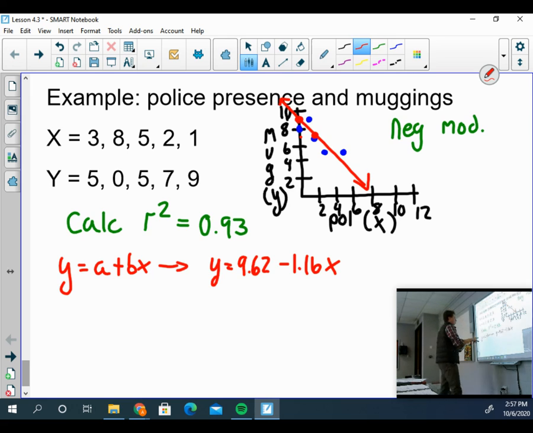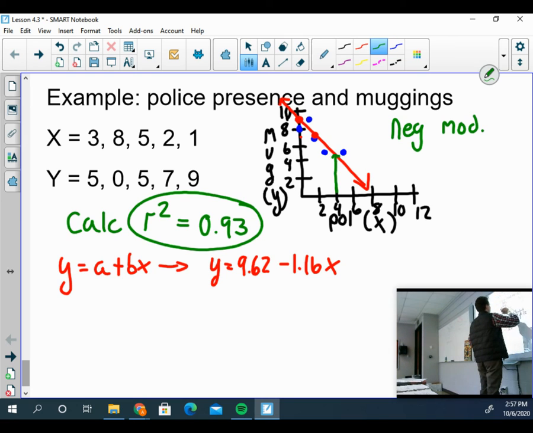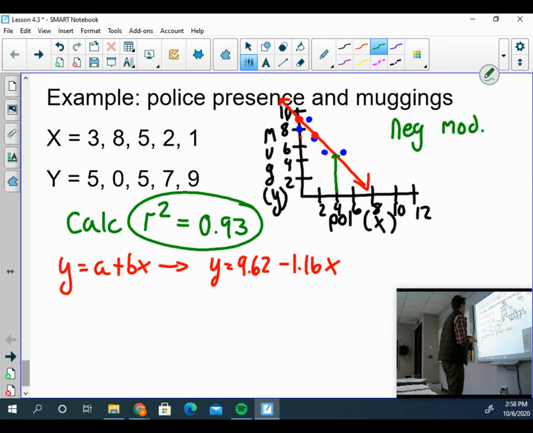What this value for R squared means is that my trend line is very accurate at predicting my data. If I were to go to 4, I could use the trend line to pretty accurately indicate that if 4 officers are present, there's probably going to be 4.5 muggings.